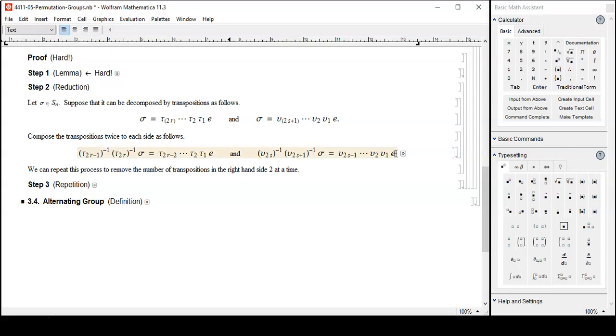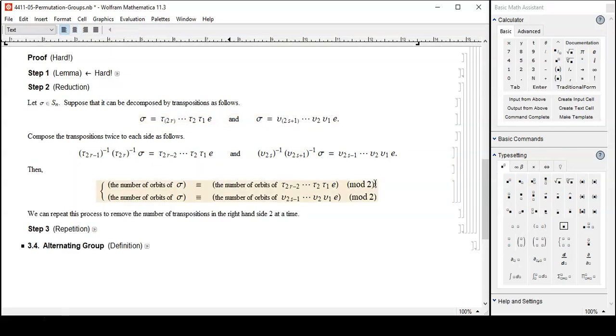And then if we multiply two inverses to knock off 2 at a time, we're going to reduce all those transpositions 2 at a time. So go down 2 at a time, 2 at a time, and then the number of orbits of the original will not be affected, modulo 2.